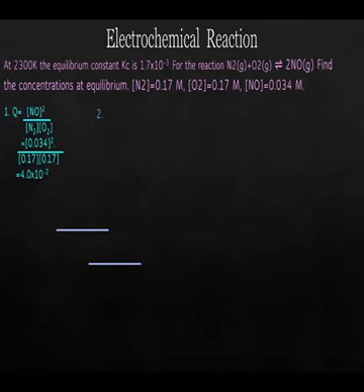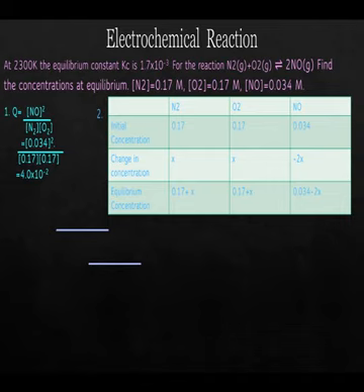So then you're just going to take the concentrations that are in the question and plug it into the equation that we just used on the last slide. And my answer for Q was larger than Kc, so we know that the reaction is not at equilibrium. And also the reaction contains mostly reactants. Next, we're going to do the ice table.